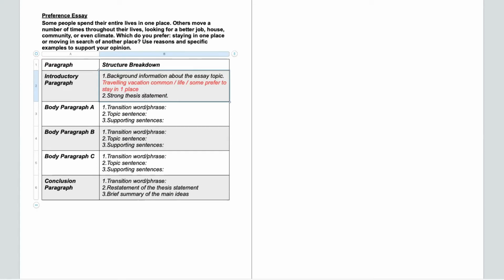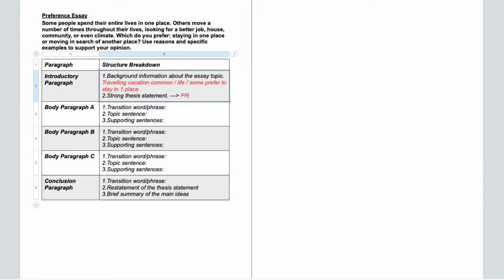And now for my thesis statement, I need to decide what is easiest for me. And personally, I find it easier to make an argument for traveling in many different places. And just the fact that the prompt gives you these ideas of things to think about, like a job, a house, a community, just further helps me make this argument.